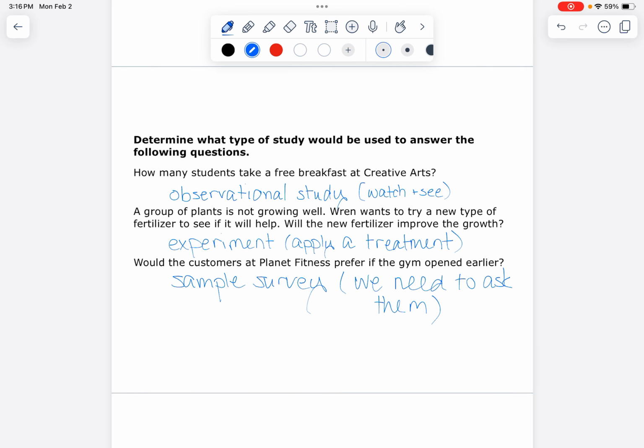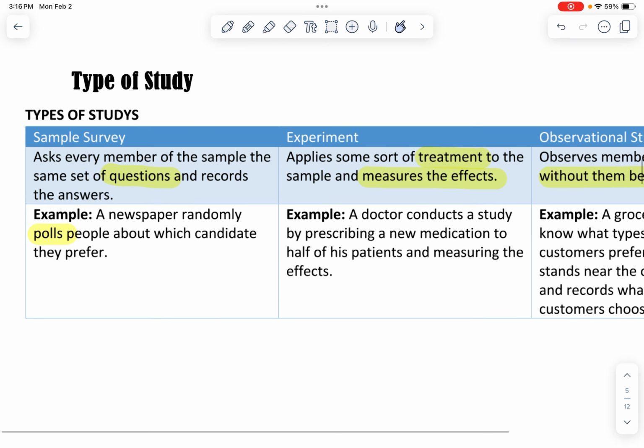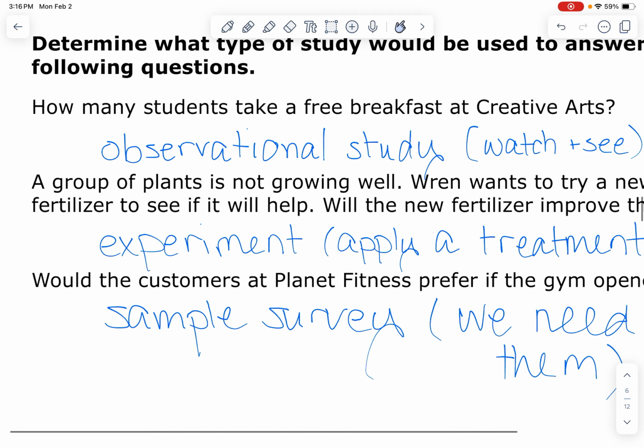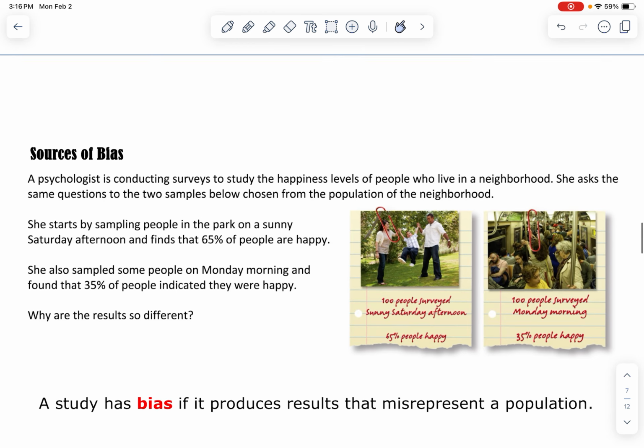It asks members of the sample, and probably the sample would be the people who go to Planet Fitness. Okay, so hopefully that makes sense. We're going to get into a little bit more detail here a little bit later on.